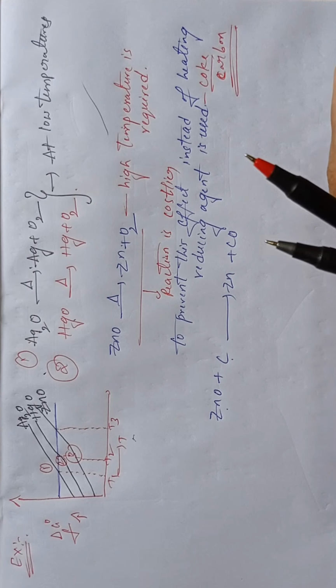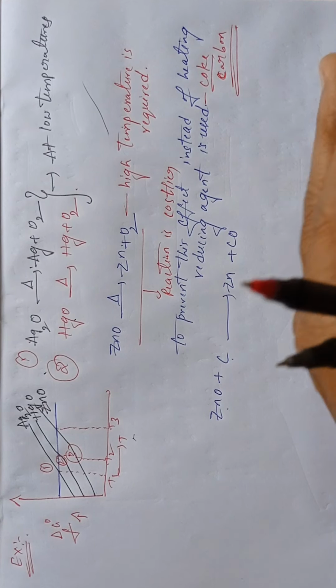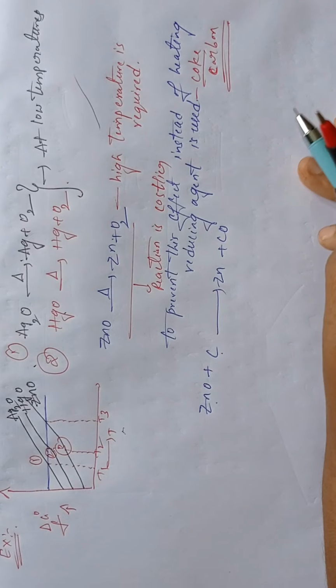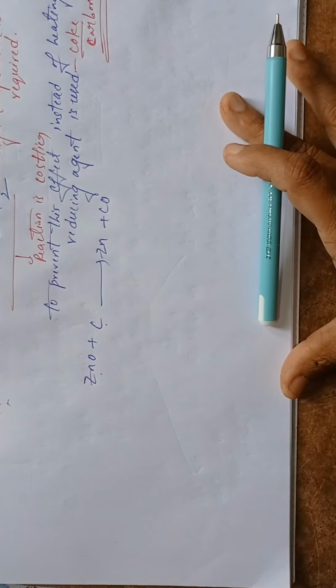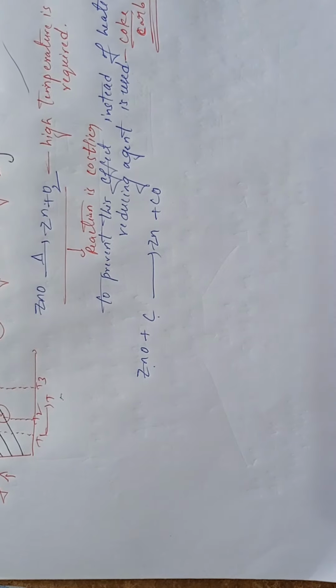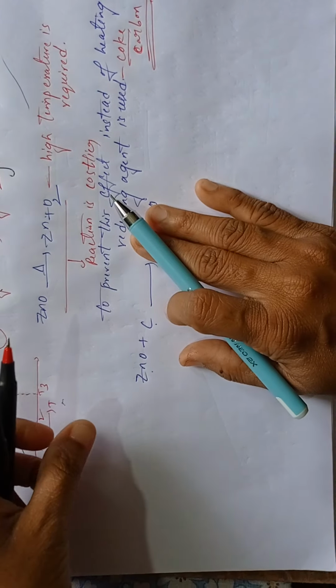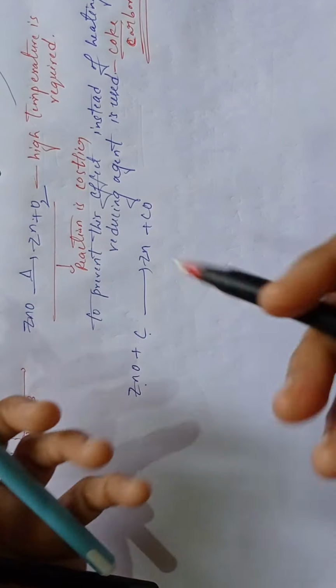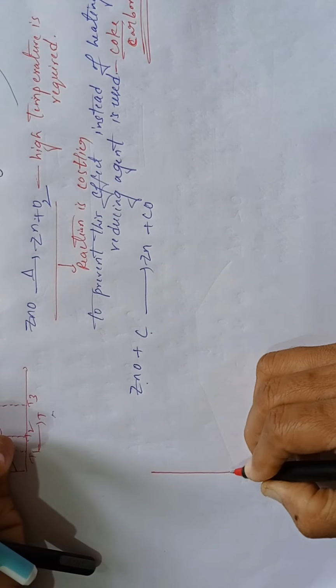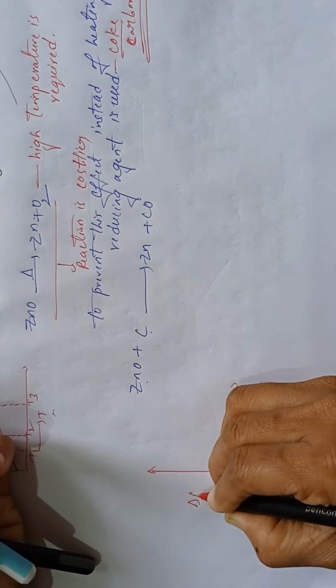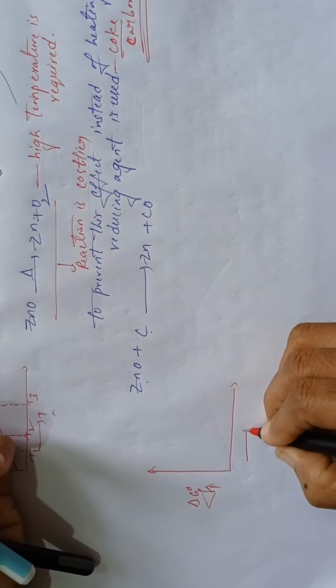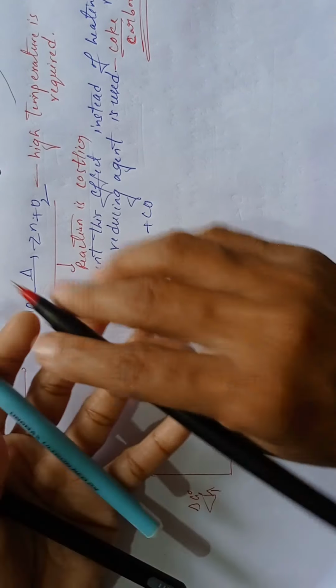Before going to the Ellingham diagram, students, first I will discuss one example. See here, students. Here I am taking a graph of delta G naught versus temperature.